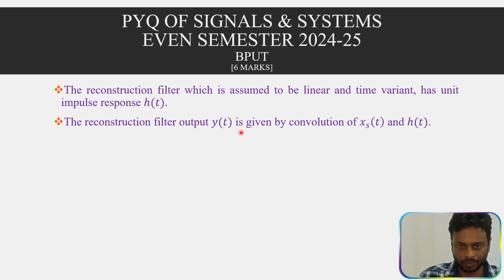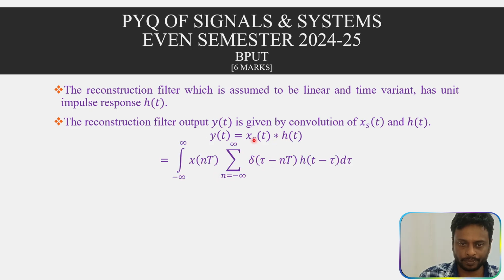The reconstruction filter output y(t) is given by the convolution of x_s(t) and h(t). So y(t) equals x_s(t) convolved with h(t). Putting in x_s(t), this is the integral from minus infinity to plus infinity of x(nT), summation over n, delta(tau minus nT) h(t minus tau) d tau. This is the convolution formula of x_s(t) and h(t).